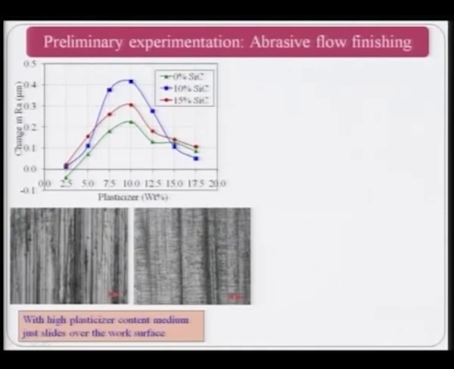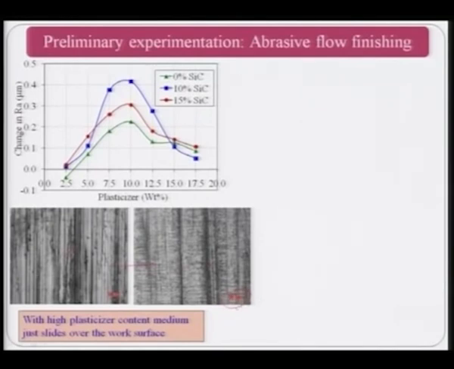This is the original surface obtained by the grinding process, and then after finishing for a certain number of cycles, you can clearly see the qualitative difference between the two surfaces. And here is the scale shown over here. You can see the distance between the two bellies has substantially increased. That means finishing has taken place substantially, while it is different in the case of the ground surface.